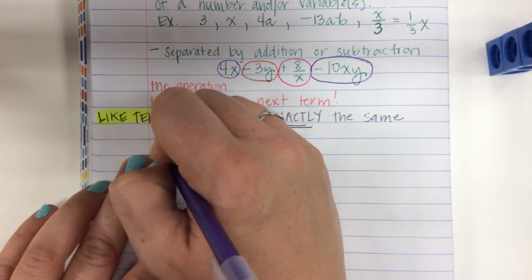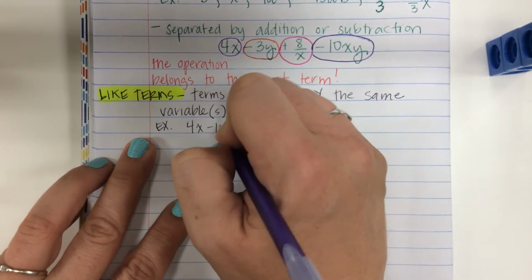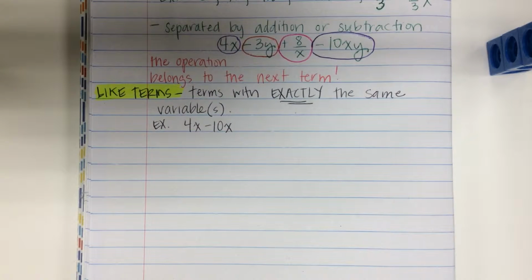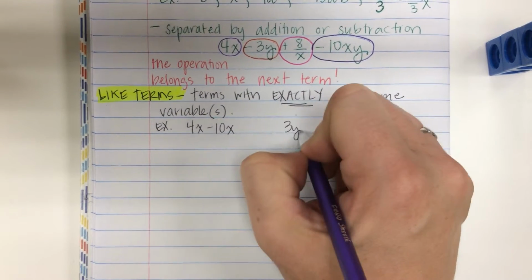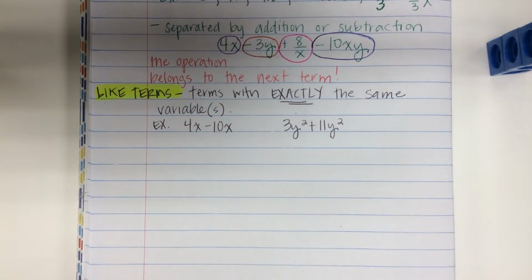For example, 4x minus 10x. Those are exactly the same variable, x and x. Therefore, they are like terms. 3y squared plus 11y squared. Those have exactly the same variable.